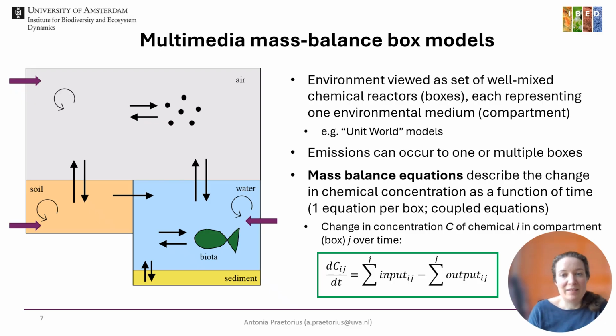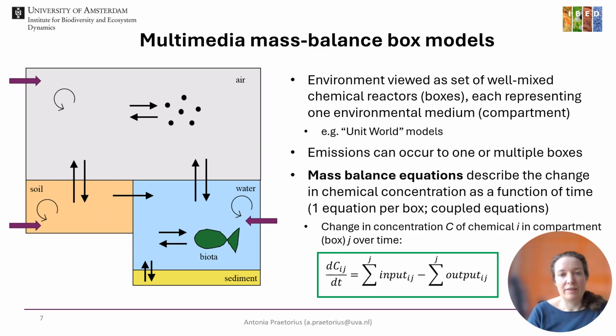So yeah, this is basically how the underlying framework typically looks. The model that is shown here on the slide is called the unit world model, which represents basically the world as a very generic, simplified environment with average conditions for the different compartments.